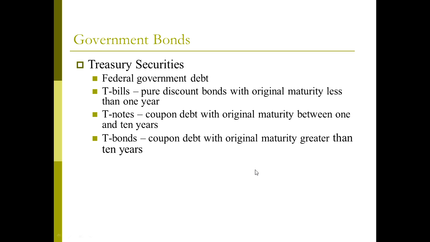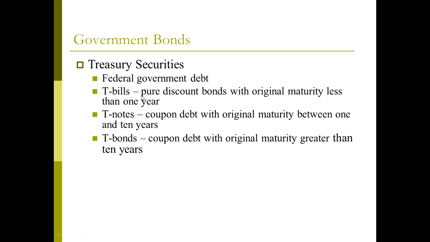Okay, so let's talk about the government bond first. It means the treasury securities. They are issued by the federal government. So the treasury securities have three different subcategories: T-bills, T-notes, and T-bonds. The differences among the three are the maturity.